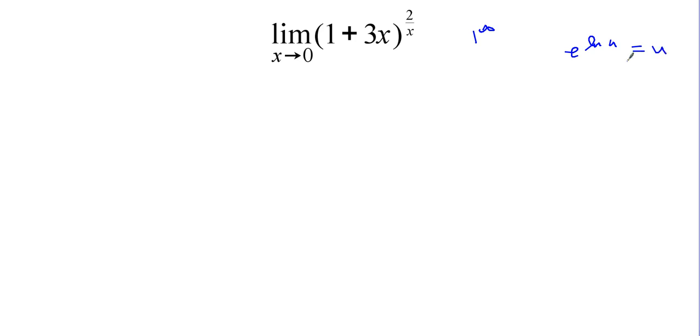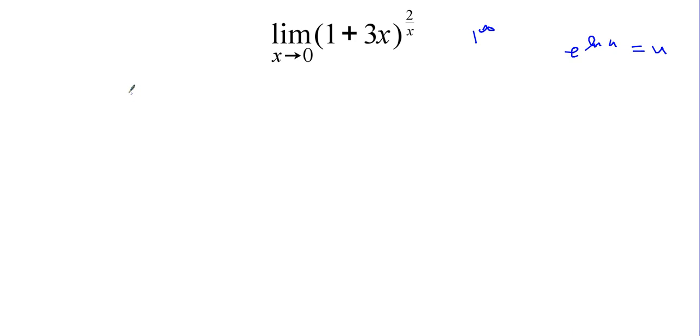So if we look at the natural log of the function, we can get rid of the exponent, pull it out to the front, and we'll end up with a limit of a similar function. And at the end, all we have to do is raise our answer as a power of e. We'll exponentiate our answer.